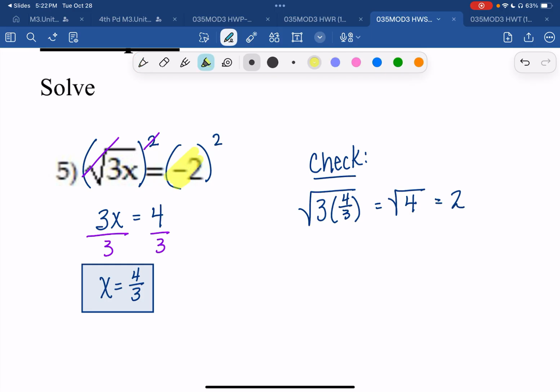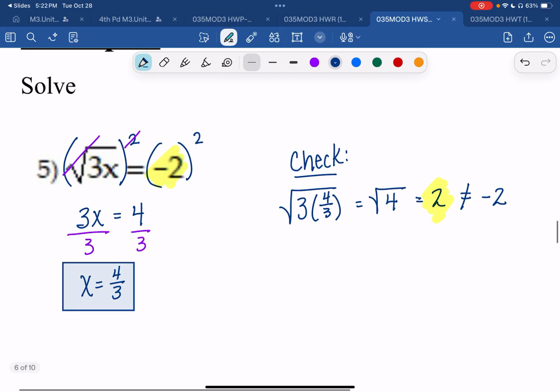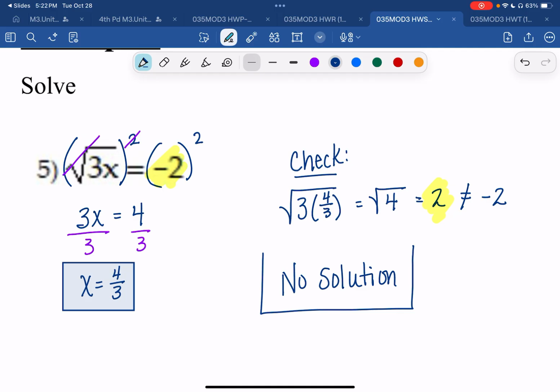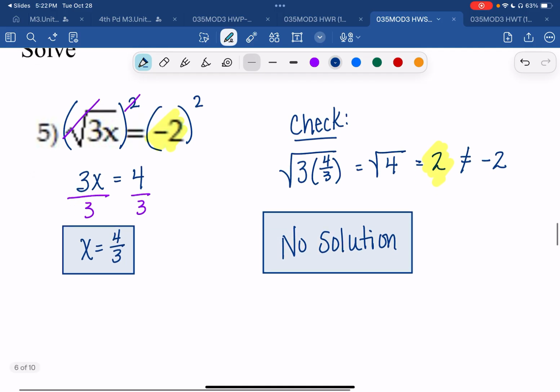So I've got negative 2 versus 2. They are not the same. So this does not equal negative 2, which is what I need. That means this does not work. So there's no solution here. Doesn't mean we did the problem wrong. Just means it doesn't work. So it's called an extraneous solution.